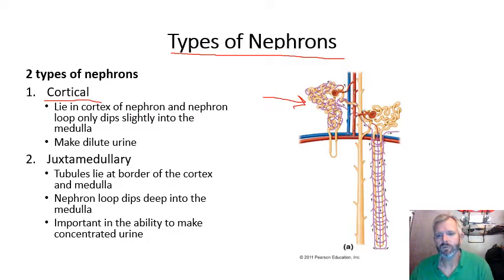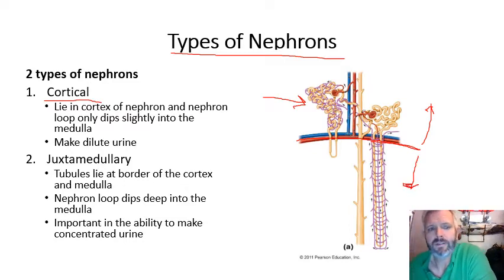Here is the dividing line between the cortex up here and the medulla down here. You can see the cortical nephrons are higher in the cortex, and they have these shorter nephron loops that only dip slightly into the medulla.